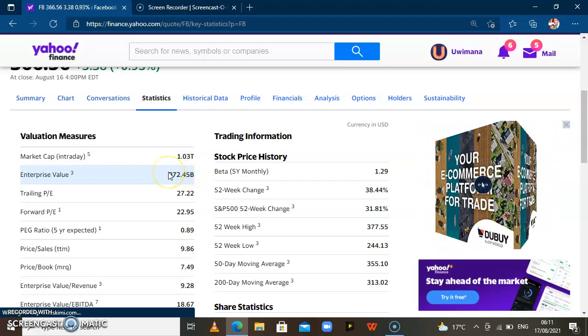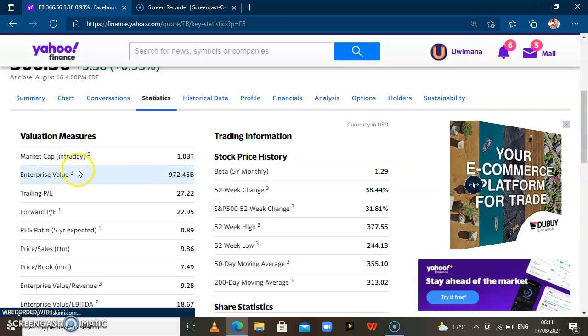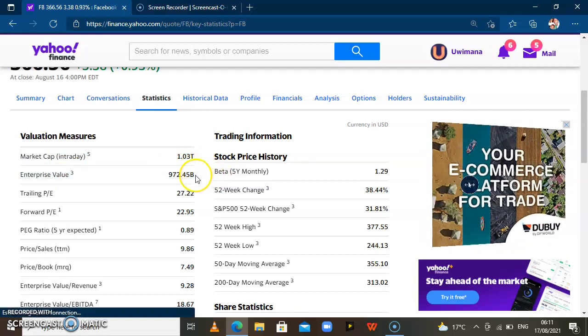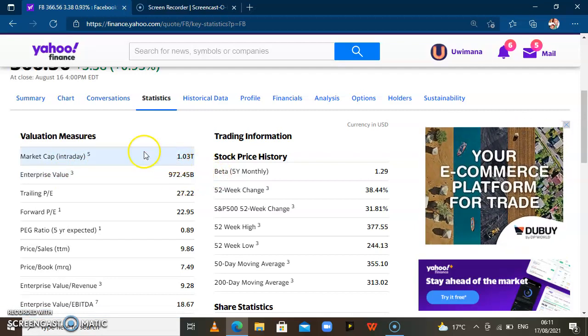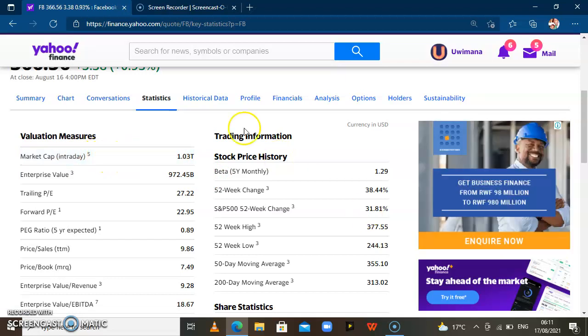Where you look at the assets they have, what liabilities, and that's what's used to calculate the enterprise value, which is equal to this. Now the difference between this and this is because the market cap changes almost every day as the price of the share changes, because market cap is nothing but the price times the number of shares available.